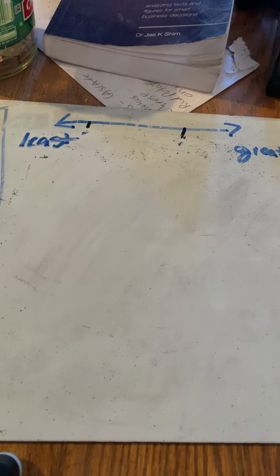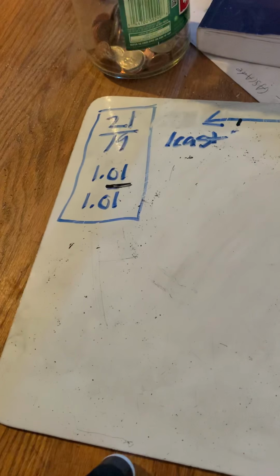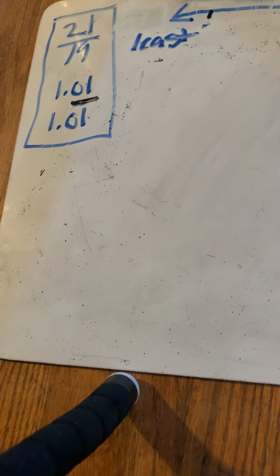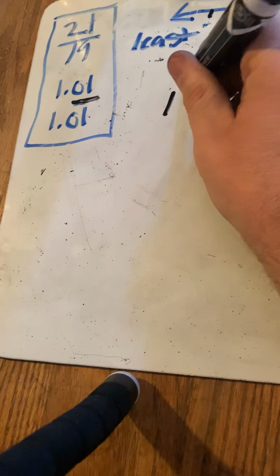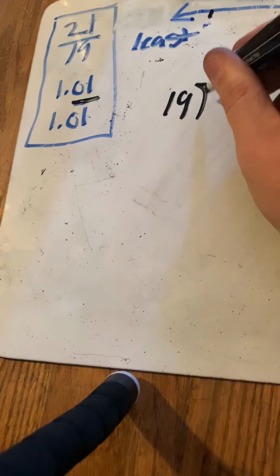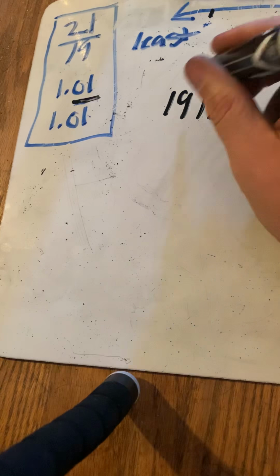So then, what is this business of 21 over 19? Well, it's a fraction, but it's also a decimal, so let's follow the instructions. 19 goes into 21 how many times?